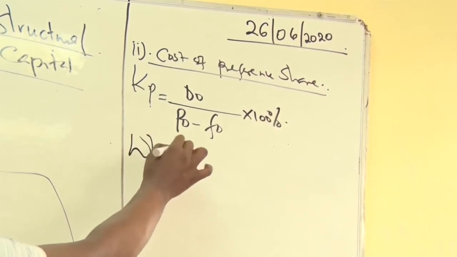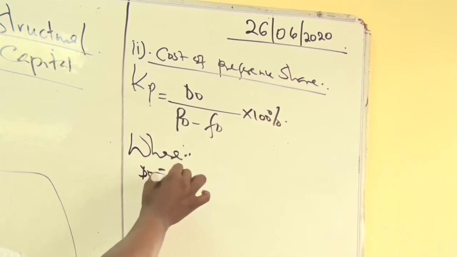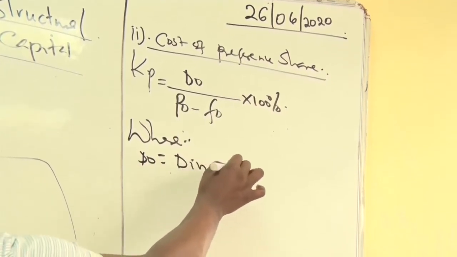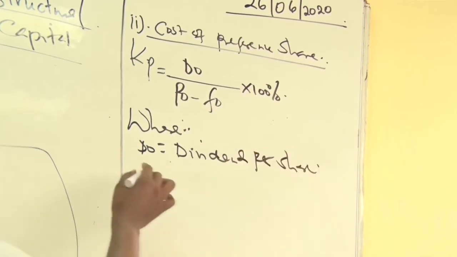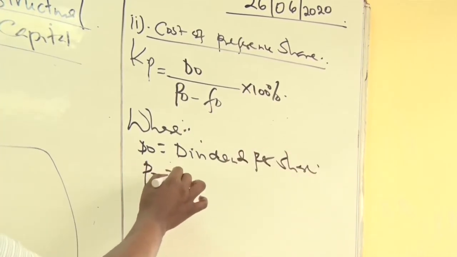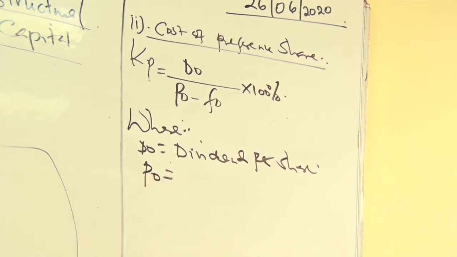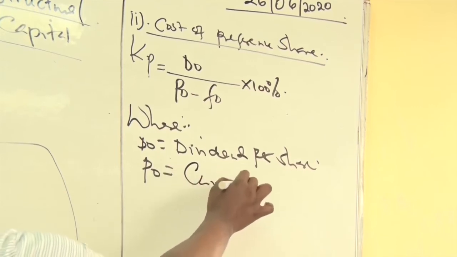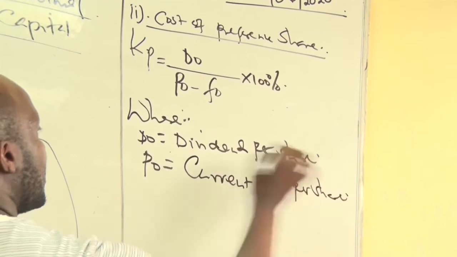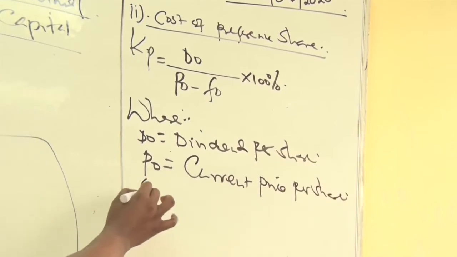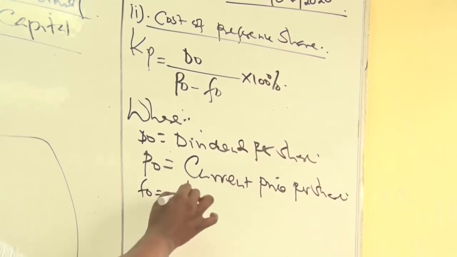Where D0 is the dividend per share, P0 is the current price per share, and F0 is the flotation cost.